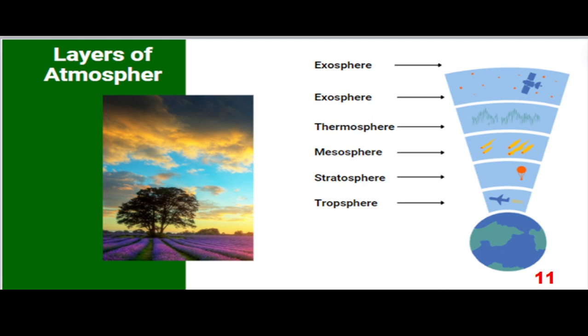The lowest layer of the troposphere, from the ground to about 1 to 2.5 km, is called the planetary boundary layer, where anthropogenic activities cause heavy variations in meteorological parameters such as temperature, wind direction, velocity, and relative humidity.